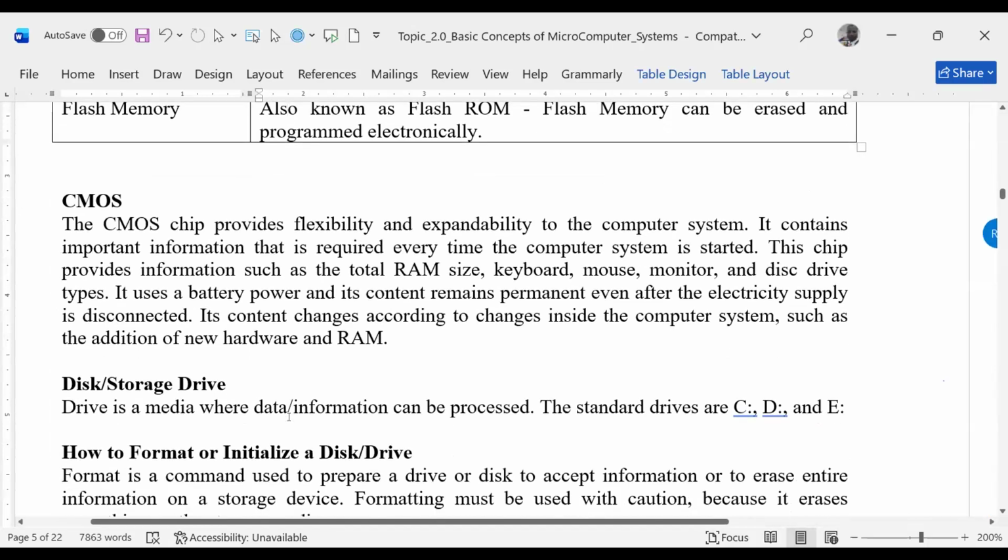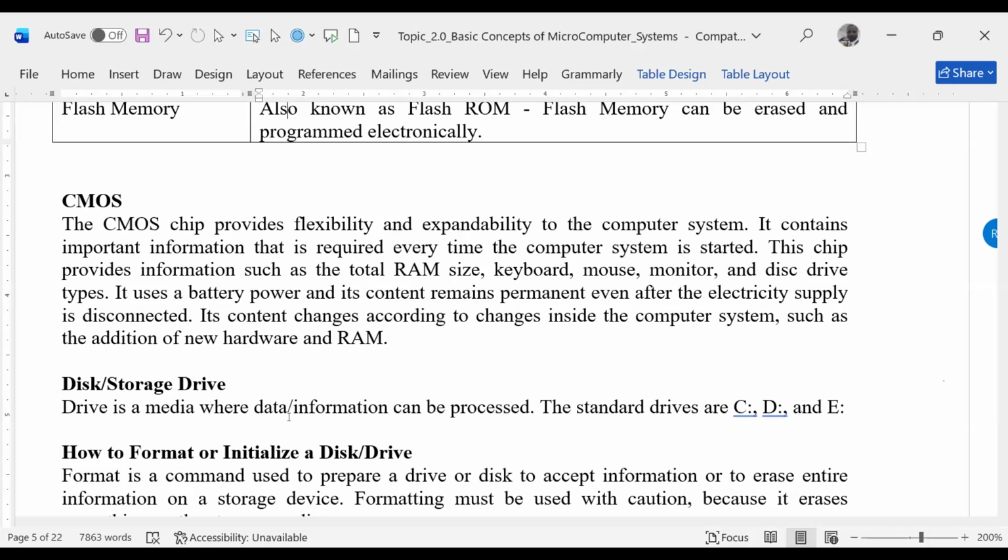Then the last memory chip, the third memory chip, called CMOS, is a chip that contains programs or information meant for upgrade or for expandability and flexibility of your computer system.